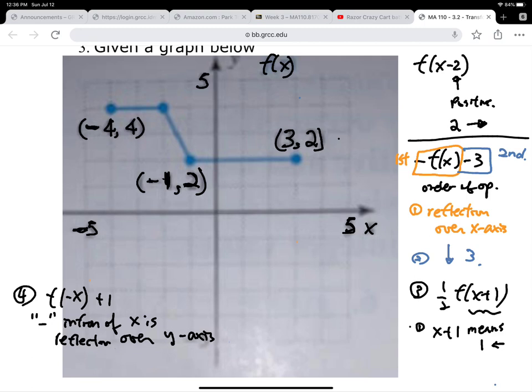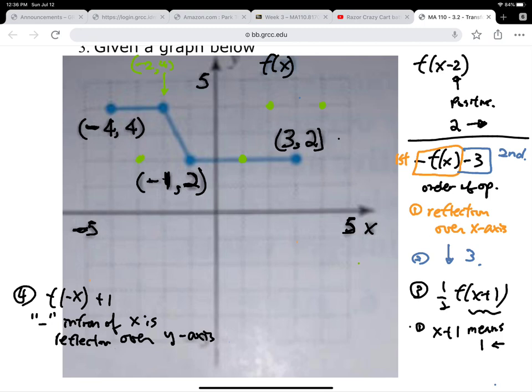Negative 1, 2 becomes a positive 1, 2. Negative 4, 4 becomes a positive 4, 4. This point right here, negative 2, 4 becomes a positive 2, 4. And 3, 2 becomes a negative 3, 2.